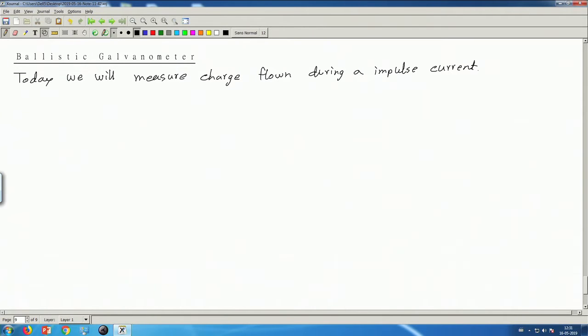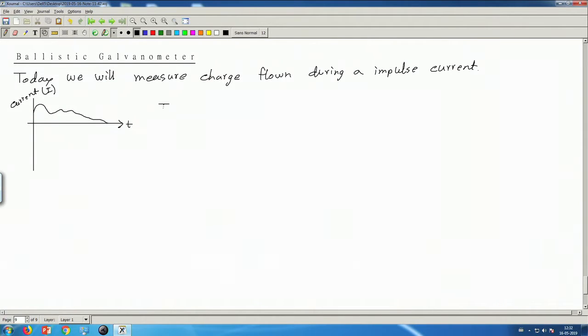So, what do we mean by an impulse current? Suppose I draw time versus current in any conductor, in any branch of a circuit, with an arbitrary pattern of the current. This is time, this is current, call it i.